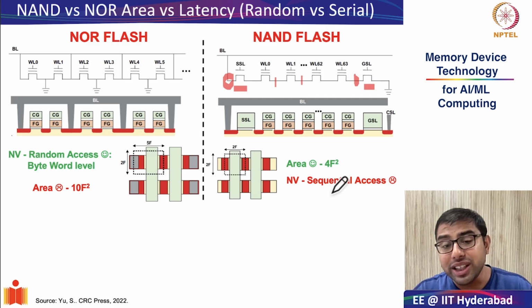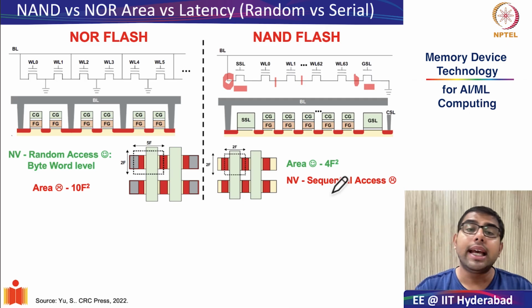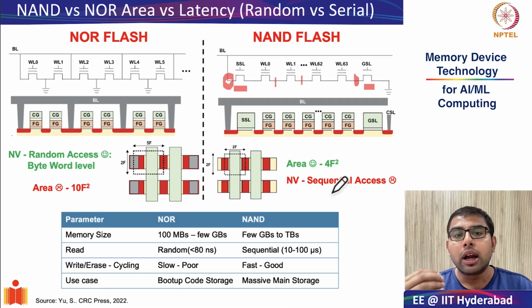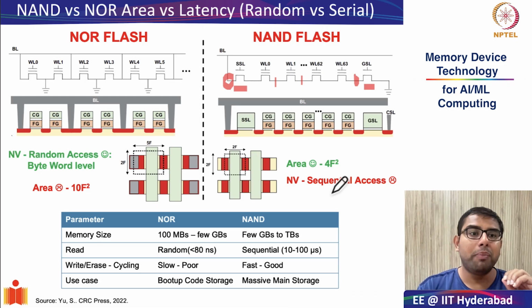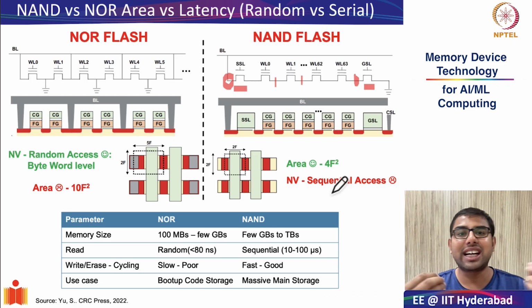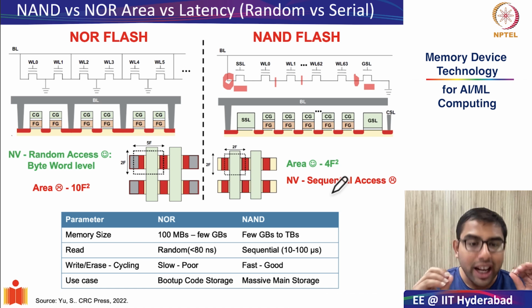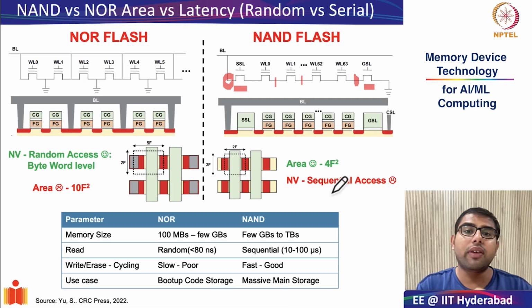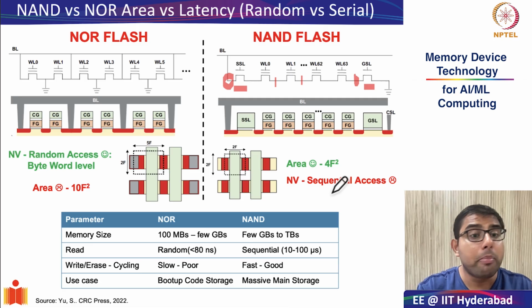But since the sequential access, which will be much slower, is also non-volatile in nature, it can be effectively employed for very high density storage. And this is why the trade-off between area and sequential versus random access between NOR flash and NAND flash lends it very important distinction in the use cases, or in the places that they are employed in the entire memory hierarchy.